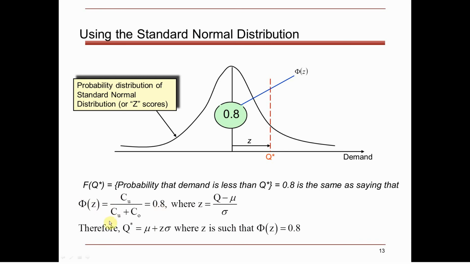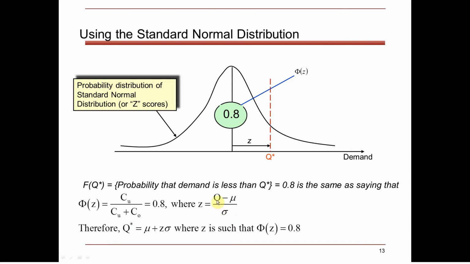Once we know this little z, the number of standard deviations away, we can use that to figure out the actual Q, given the actual mean and standard deviation of our demand.